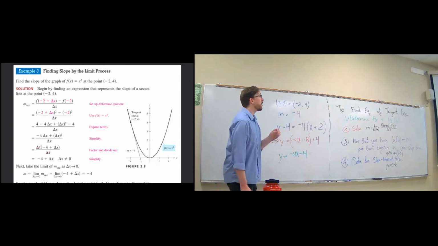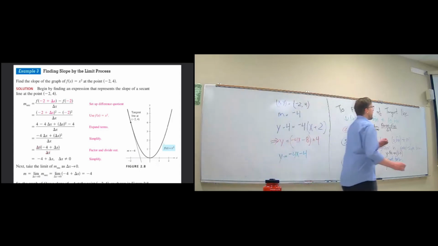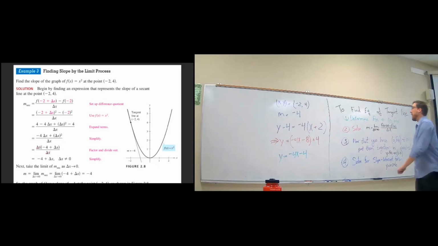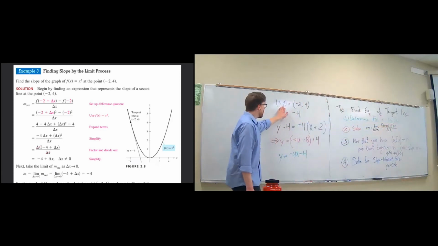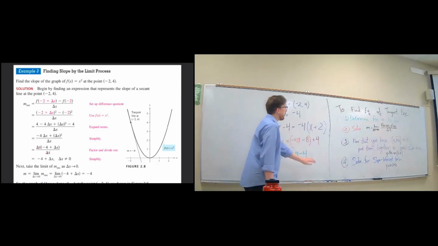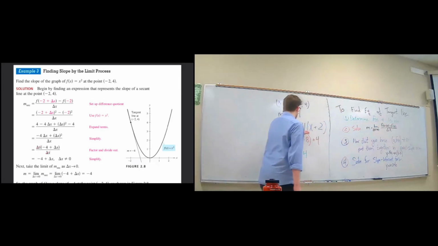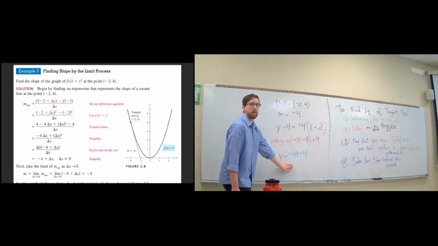So we're going to find the line tangent to the function x squared when x is equal to -2. That's what we're finding up here on the board right now. Given that they solved for our slope, given that we knew our point, we put everything into point slope form, and then we solve for slope intercept form.